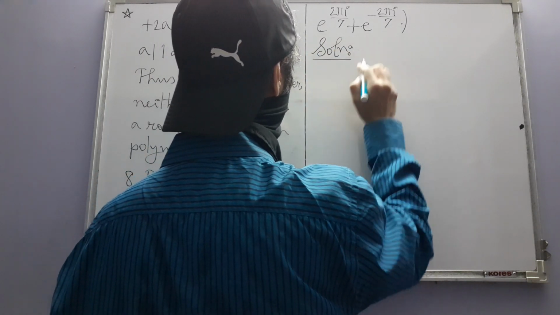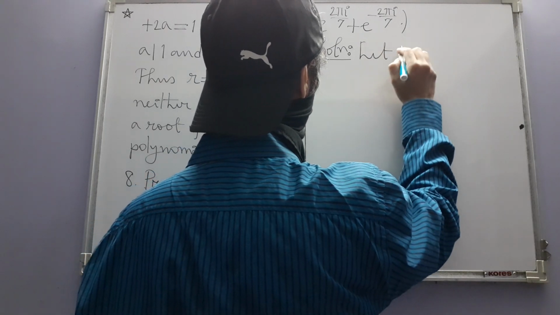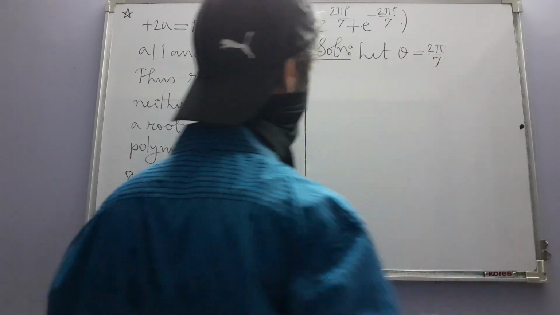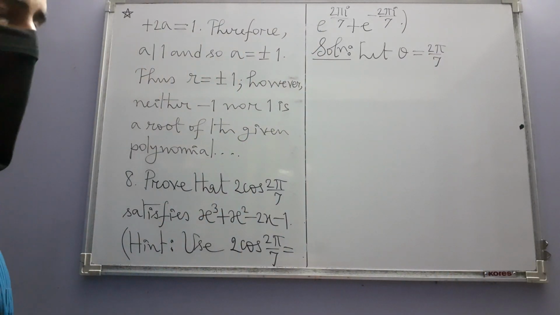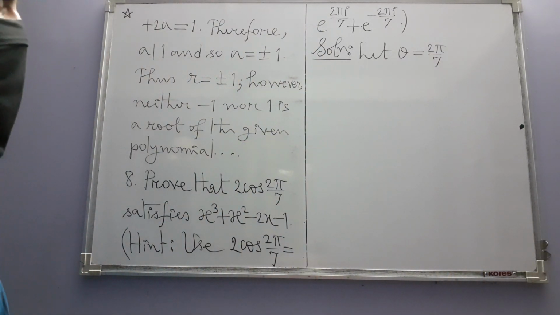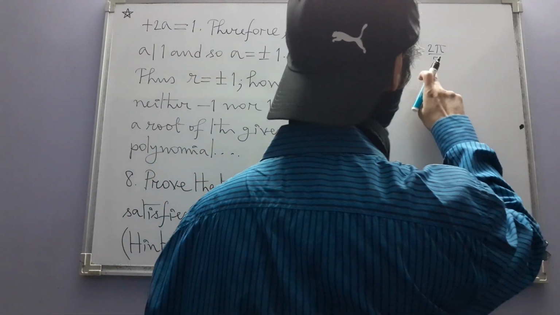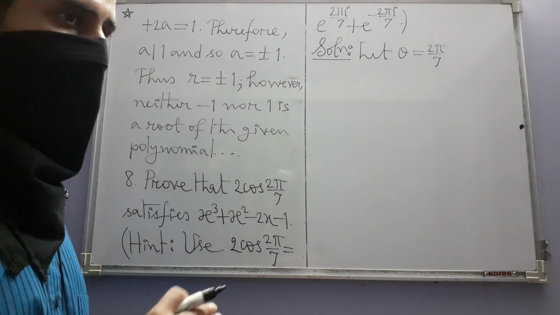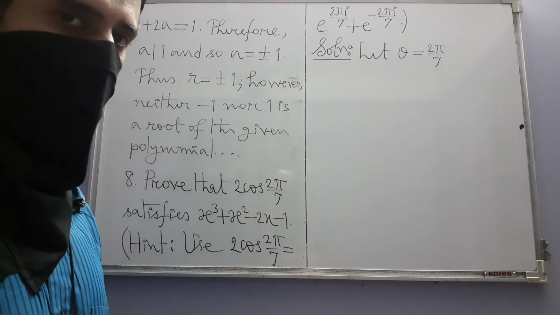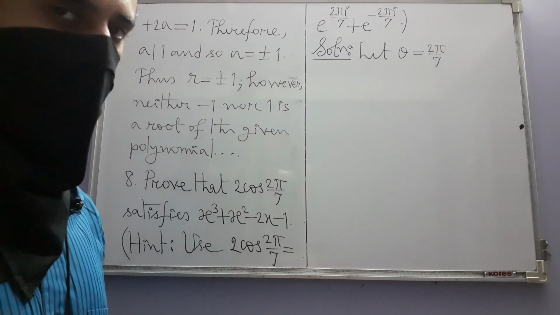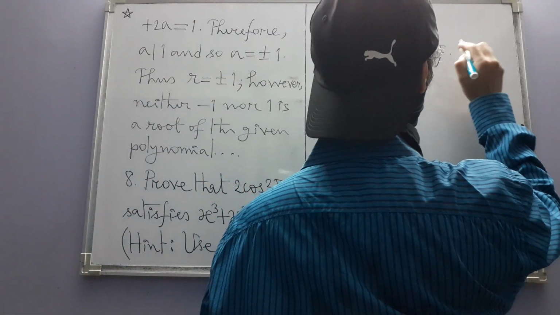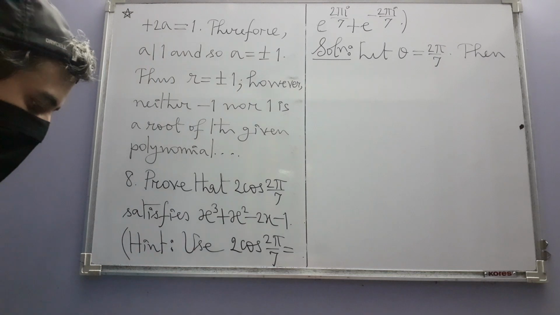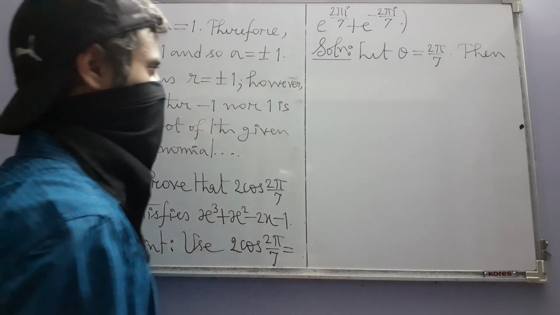So what we do, first we give the real number 2 pi over 7 a name, say call it theta. Then you can see that 7 theta will be equal to 2 pi. So 3 theta will be 2 pi minus 4 theta. And so we then directly write this.